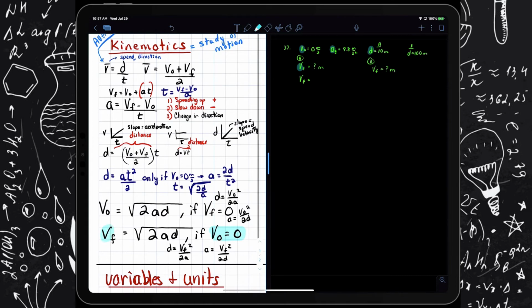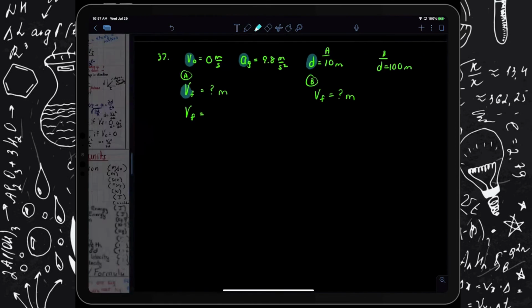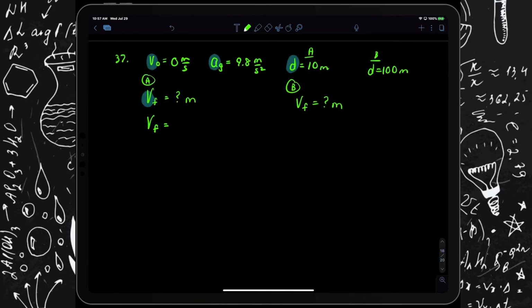And here I have VF, A, and D, and that matches up with the variables that are given to me in the actual problem. So we're going to use that one. We're going to have VF equals the square root of 2AD.